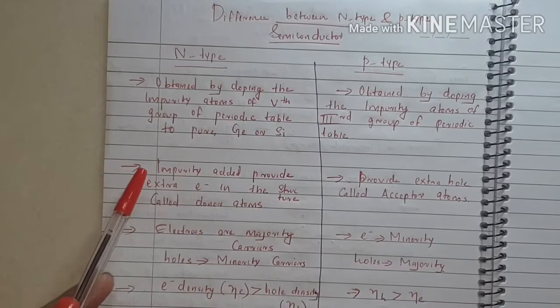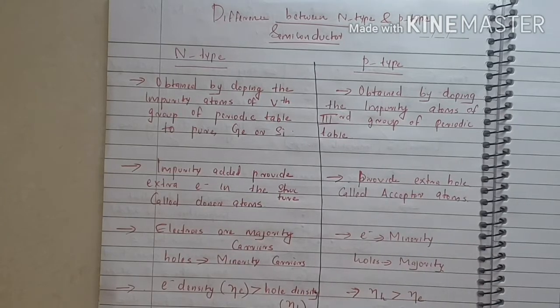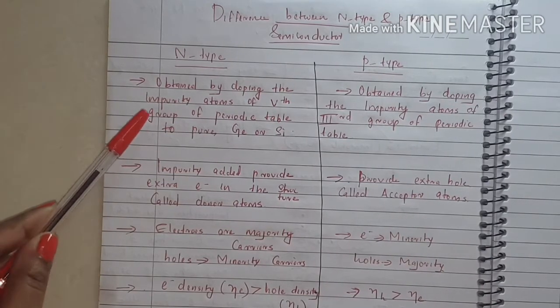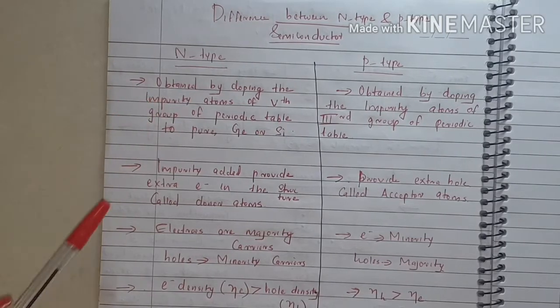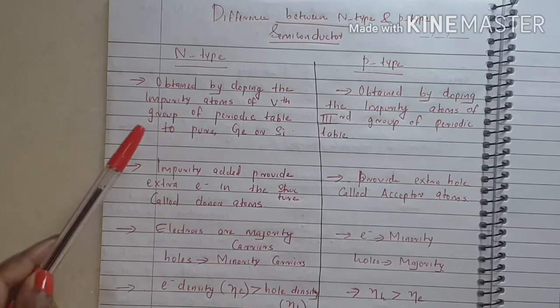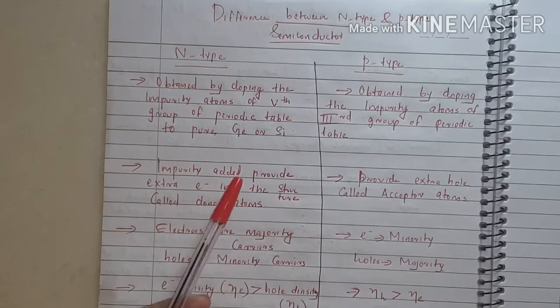Here is the differentiation between N-type semiconductor and P-type semiconductor. It is also a very important question. First point is of N-type. N-types are obtained by doping impurity atoms of the fifth group of the periodic table to the pure intrinsic semiconductor, that is, either germanium or silicon.